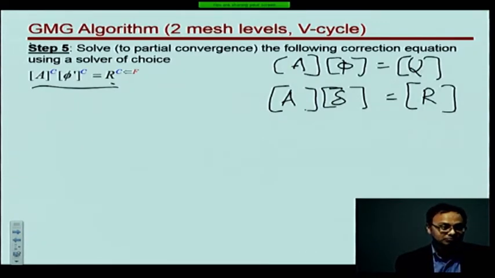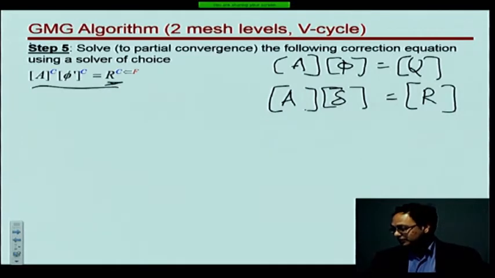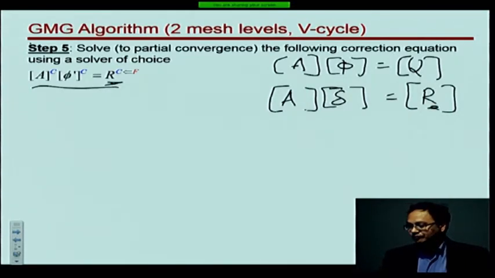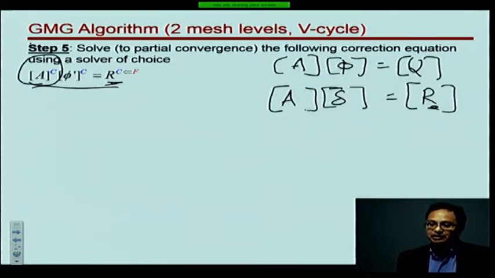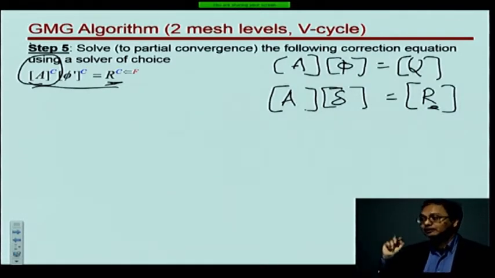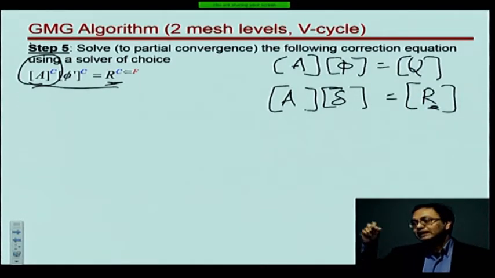So we've transferred the residual, this right-hand side that you have here, and now this A matrix that you have here has elements that are calculated from the coarse mesh. For example, that A matrix will have 2 over delta xc squared plus 2 over delta yc squared on its diagonal, negative 1 over delta xc squared on its off diagonals, and so forth.